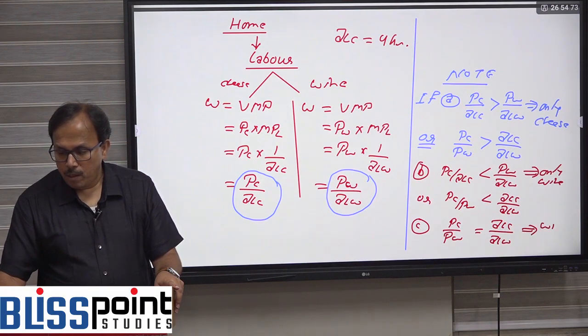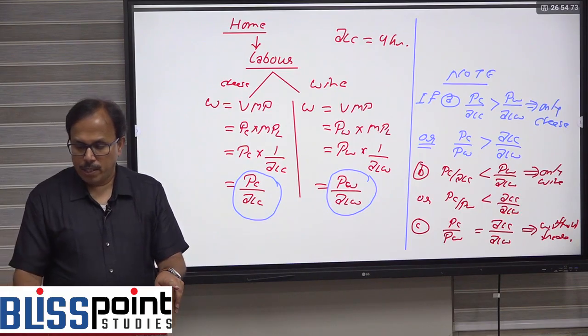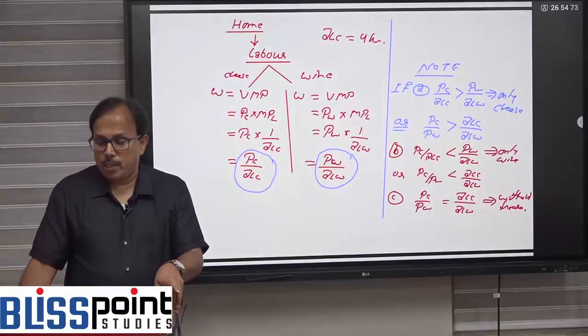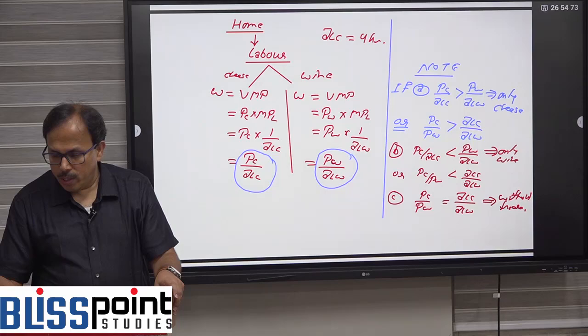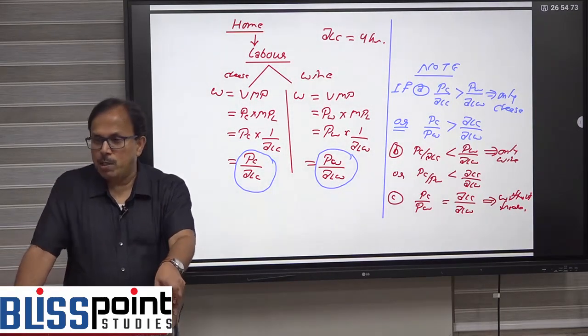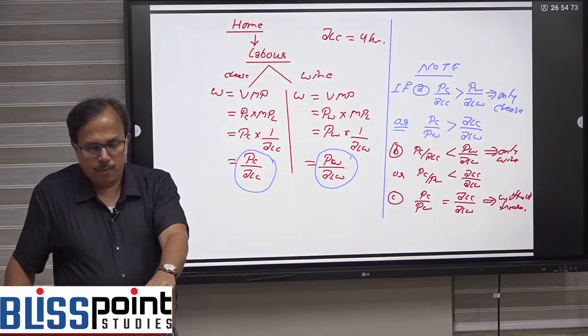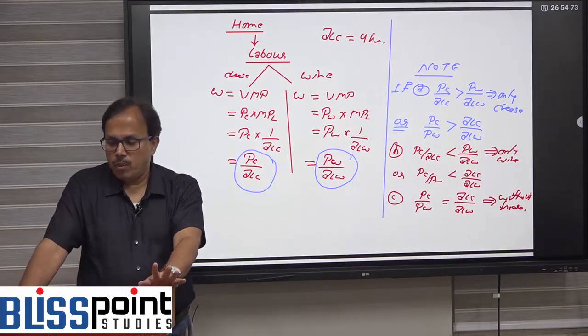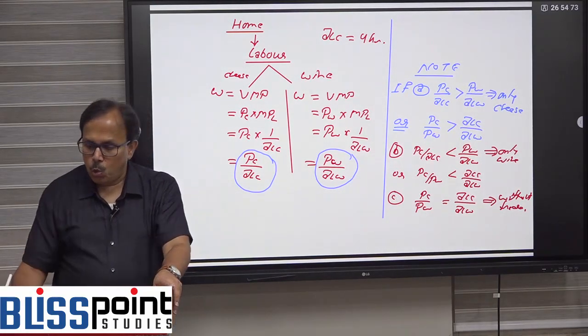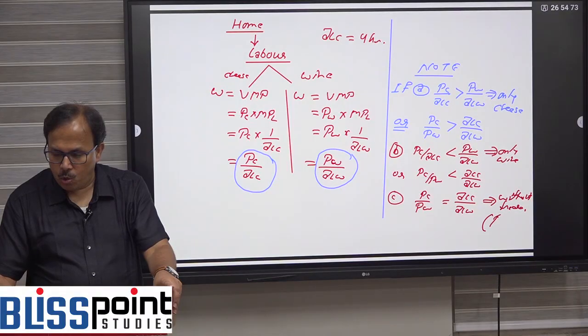This will happen without trade. If there is no trade, then PC by PW must be equal to ALC by ALW. This condition is also referred to as autarky.